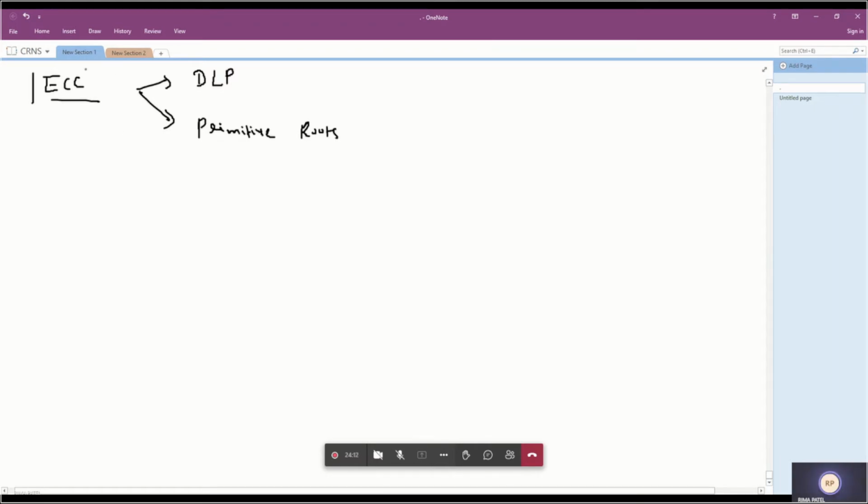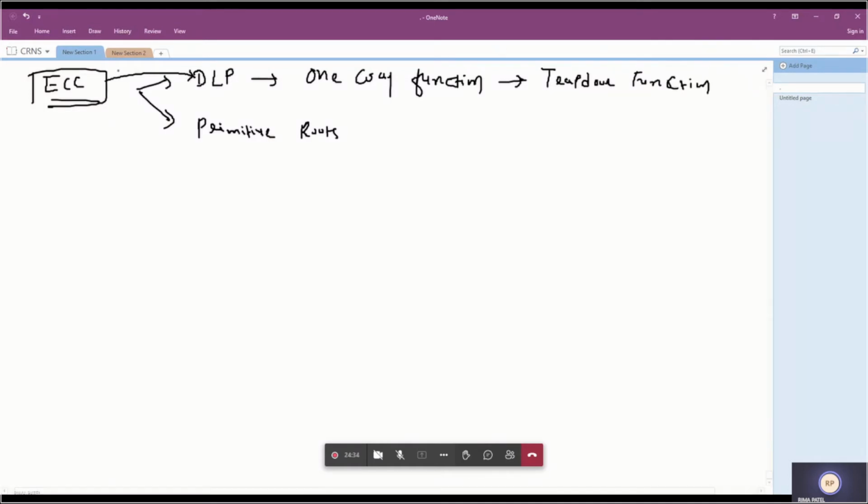If I need to understand ECC, I should have the knowledge of discrete logarithmic problem, which is known as one-way function concept, or trapdoor function. And if I want to understand this DLP concept, I should know the primitive root concept. So starting with this first concept, that is primitive roots.